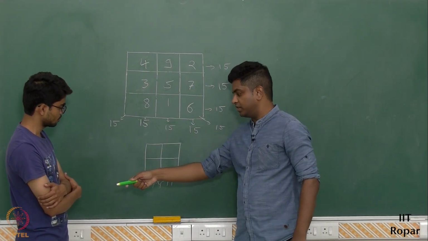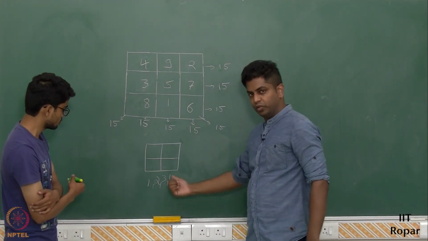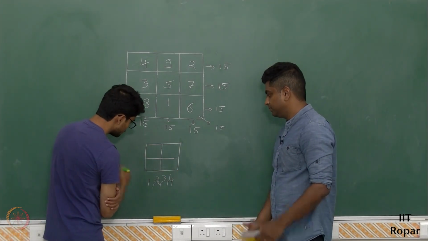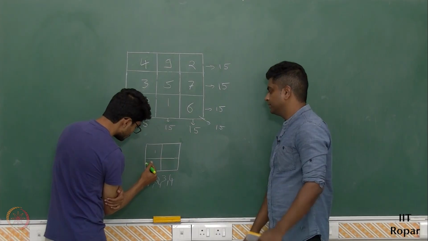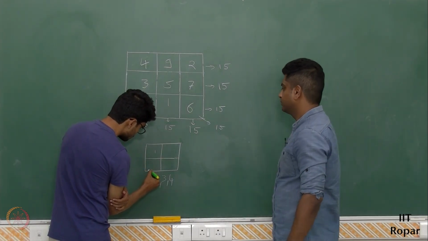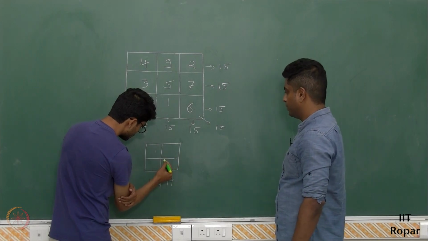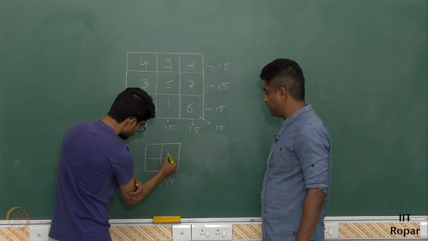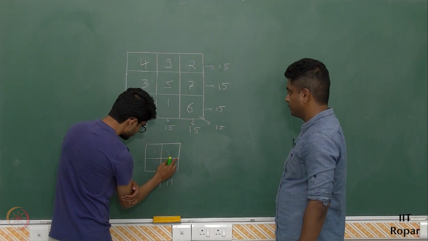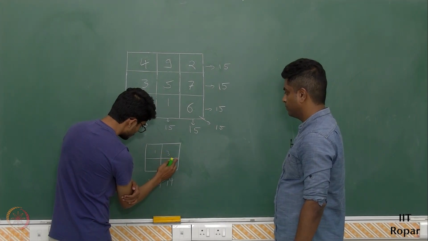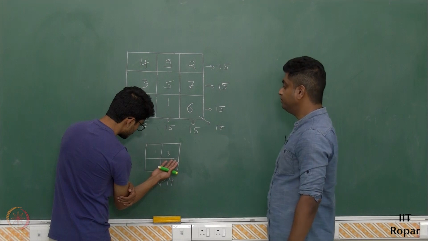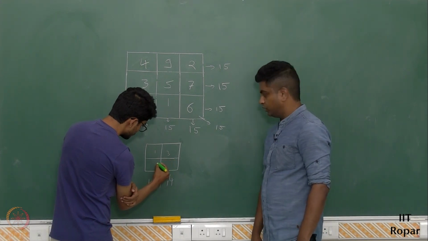I'm going to give you just 2 minutes time. Go ahead. Something that you will observe for 1, 2, 3, 4. Okay. Basically, 1 should be there somewhere, for sure. Okay, the diagonal should be the same as this. 1, 3, maybe.